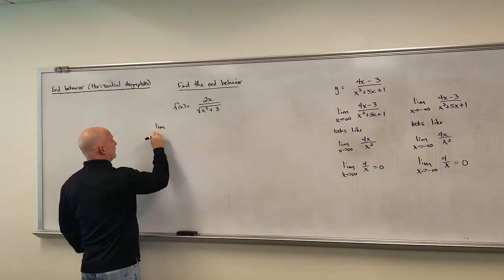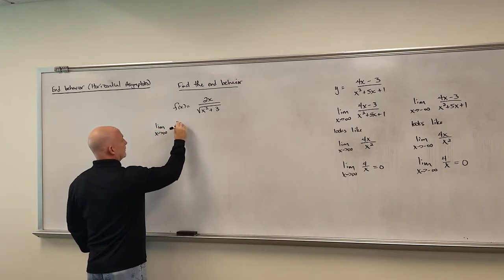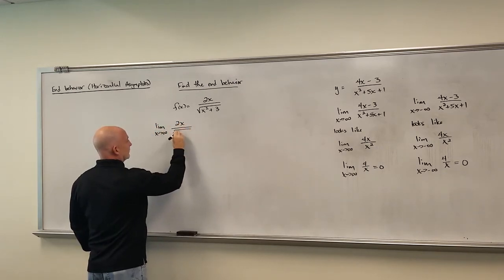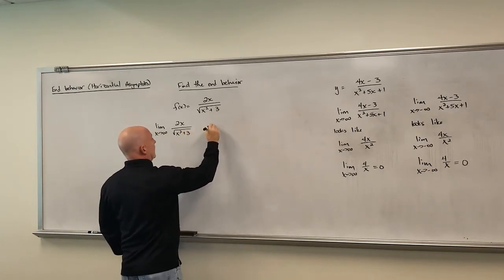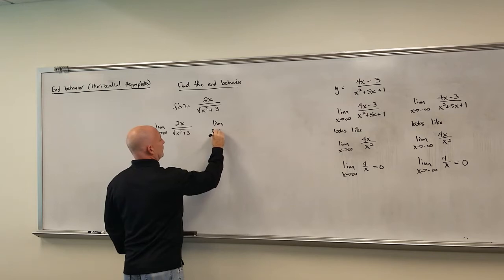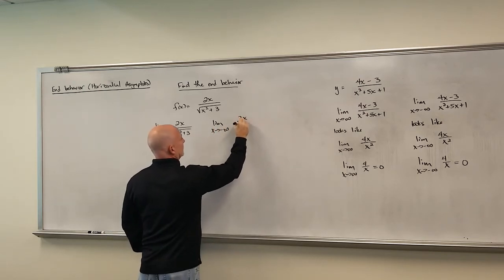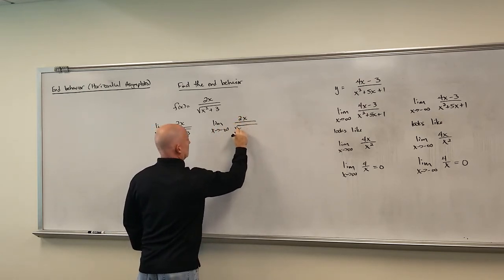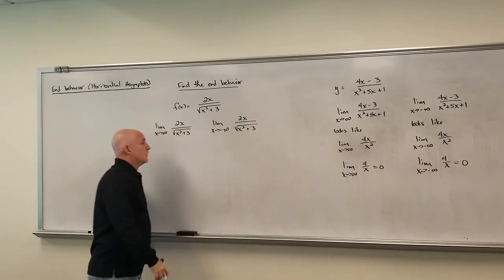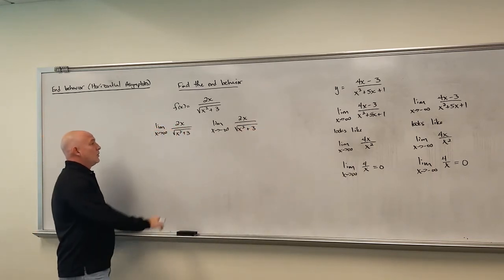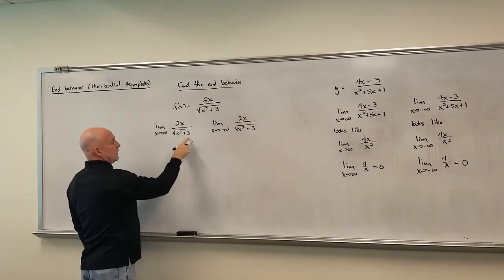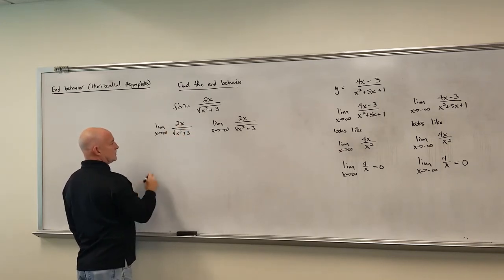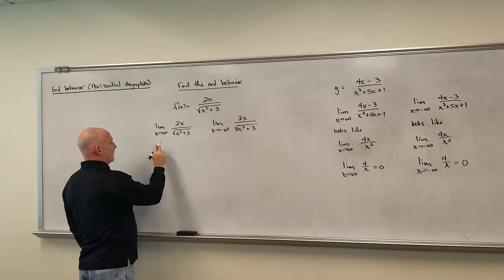We're going to find the limit as x goes to positive infinity, and the limit as x goes to negative infinity. All right, just like before, all lower terms aren't going to matter. So the top, there's no more lower terms up there, so that just stays at 2x. But the bottom, that plus 3 is going to go away as we get bigger and bigger and bigger.